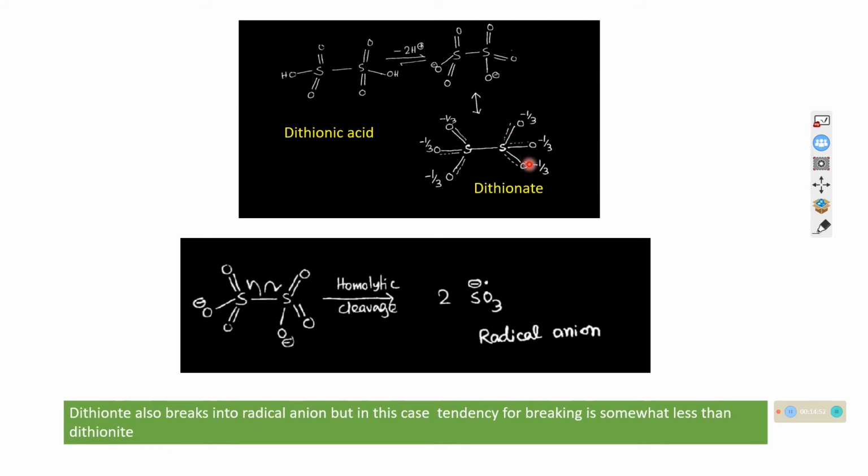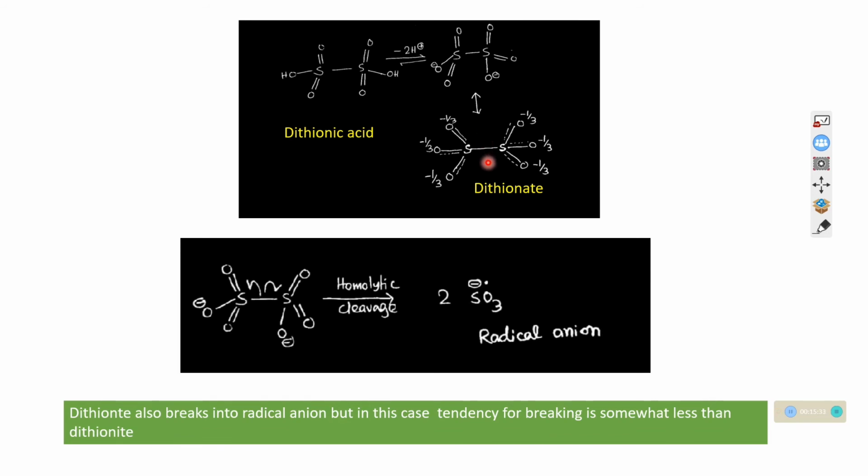Obviously, there are three oxygen atoms and oxygen atoms contain lone pairs, so some lone pair repulsion happens between these oxygen lone pairs, but since there is no direct lone pair on the sulfur atom, the lone pair repulsion is not so extensive. So that's why it is quite stable. It is less unstable than that dithionite anion.